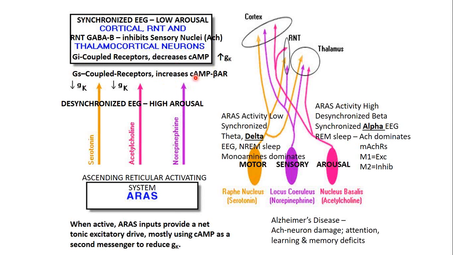Now, what cells are we talking about? These are the cells of the thalamus. Remember, we're projecting up to the thalamocortical neurons that are going to generate those brain waves. Those are the wind that is producing the waves on the sea. And so these are through beta-adrenergic receptors.